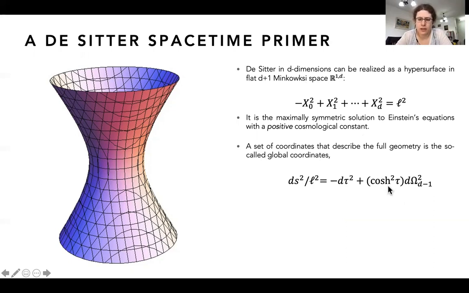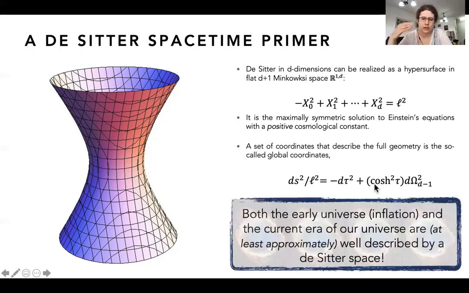And you can see in them one of the features, which is that the de Sitter universe expands infinitely towards the future. And the reason that we are very interested in de Sitter space is that both the early universe during inflation and the current era of our universe, or the late time limit, at least approximately, are very well described by de Sitter space.